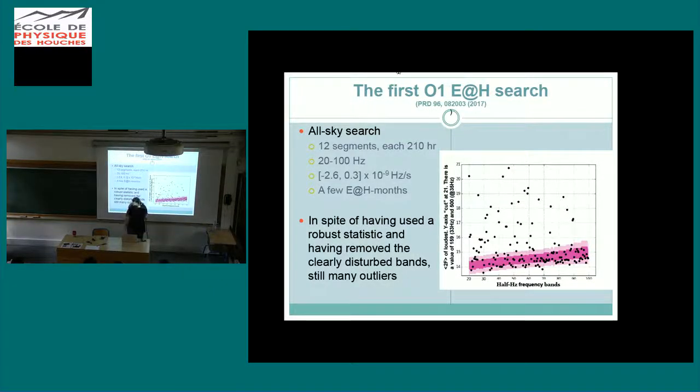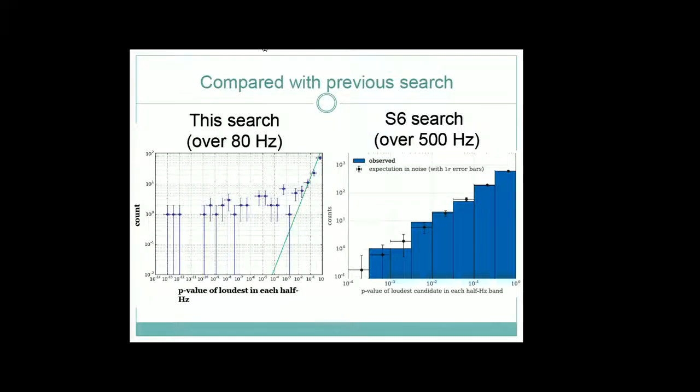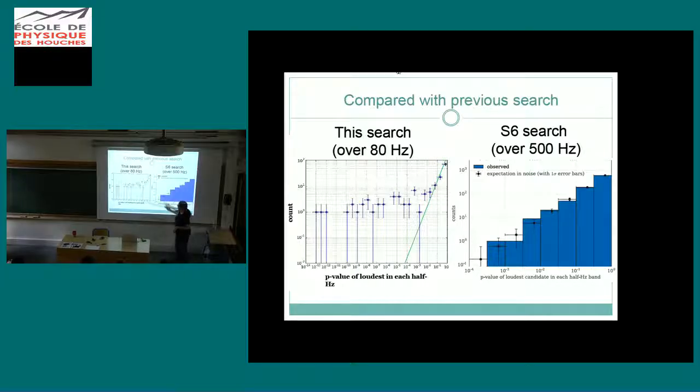In spite of having used all these clever statistics, this was the distribution that we got. This is a histogram that shows the detection statistic, actually the p-value associated with the detection statistic, for the most significant candidates that we found in a half Hertz band. The detection statistic increases in this direction, and this is how many we got.